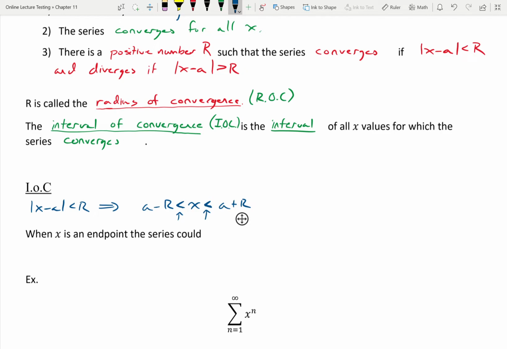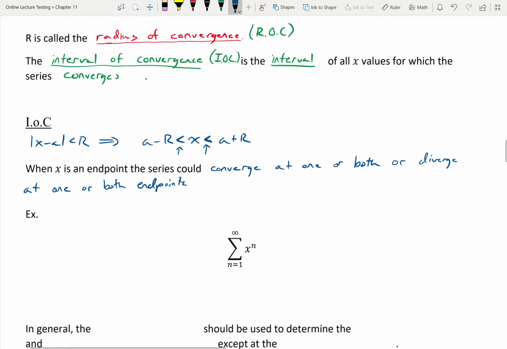So here, when x is an endpoint, and this is talking about the conditions where it could happen, the series could converge at one or both endpoints, or diverge at one or both endpoints. Well, that's a does statement. Yes, the endpoints either are going to converge or they're going to diverge. One of the two.